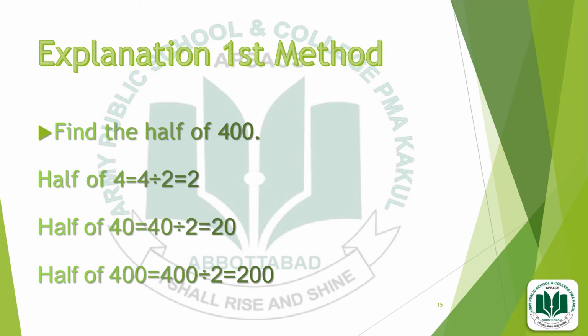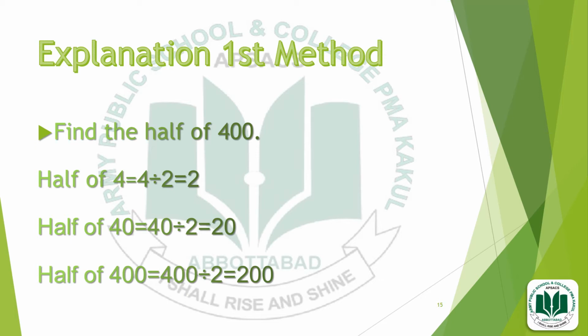The first method is find the half of 400. First of all, we divide the largest place value, which is the 100 place, by 2. Half of 4 is equal to 4 divided by 2, and we can find 4 in the table of 2. 2 twos are 4.